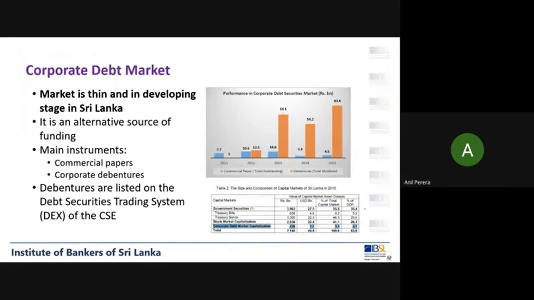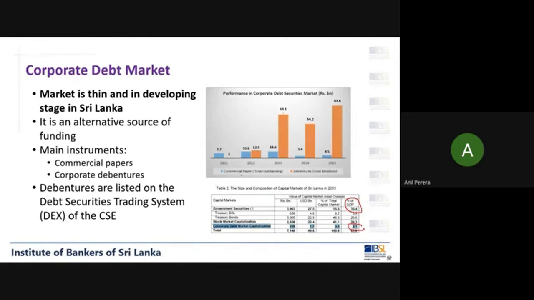If you take the government securities market as a percent of GDP, it's around 35%, even more than that now. But if you look at the corporate debt market, it's only 2.5, 2.1. It's a very small market.